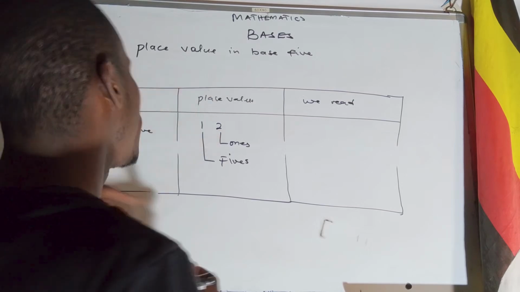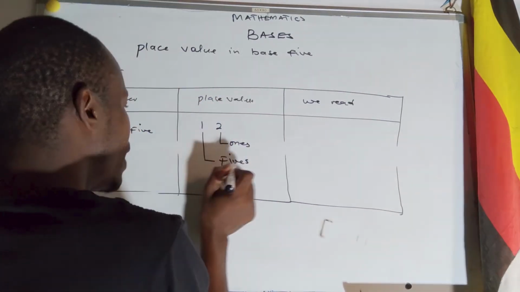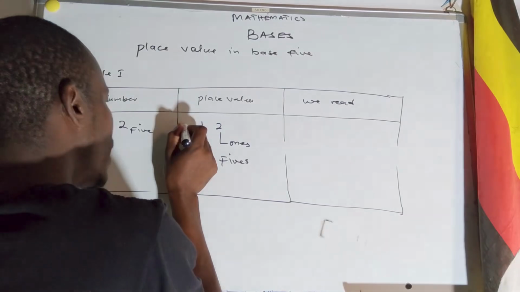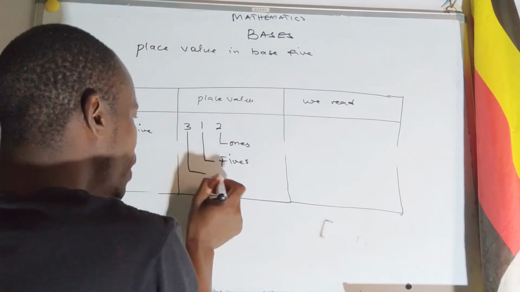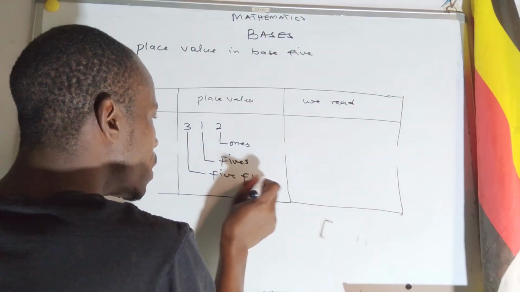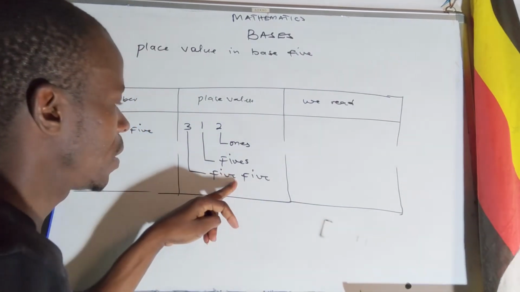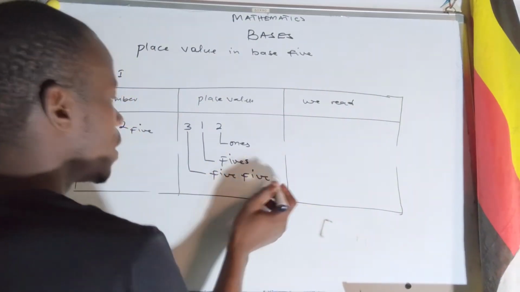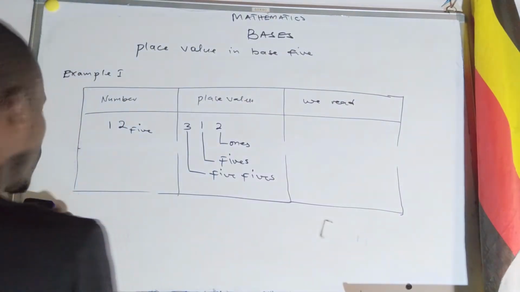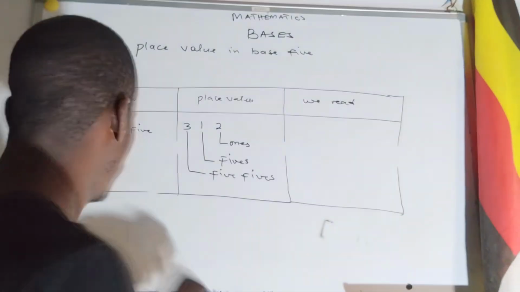So in base 5, when you're giving place value, the first number is 1s, the second 5s. If you here it's like here 3, this will be 5 5s. This means 5 times 5. That's how they give place value in base 5.